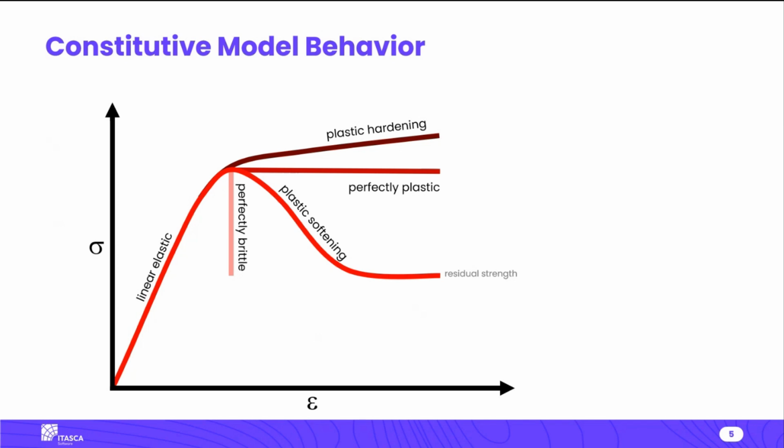This is more common in soils. In rocks, especially competent, bulky rocks, you might see something that's much more brittle. So perfectly brittle would be an instantaneous loss in strength. More commonly, you will have some sort of softening, so the loss in strength is not instantaneous. And occasionally, we'll even see something that has plastic hardening.